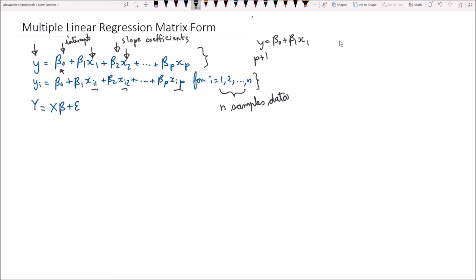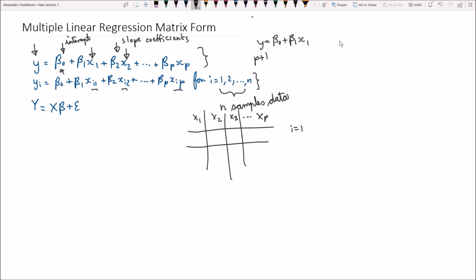The i is going to refer to our first row if it's i equals 1, our second row of our data if it's i equals 2, and these will be the columns x1, x2, x3, all the way up to xp if we have p of these features that we are interested in our data. When we are looking at an individual row, yi is equal to beta 0 plus beta 1 xi1 plus beta 2 xi2 all the way up to beta p xip for i equals 1 to n.